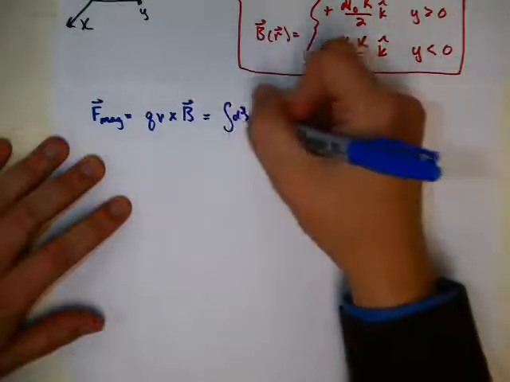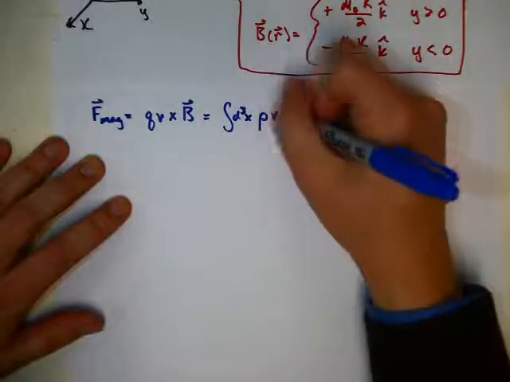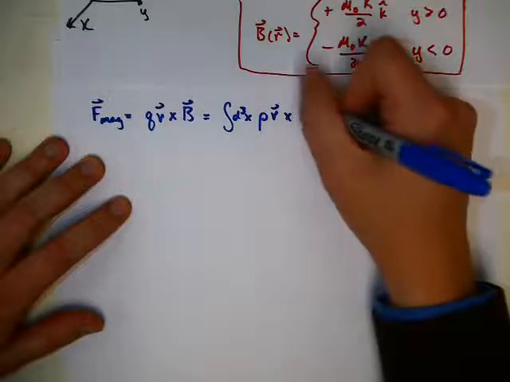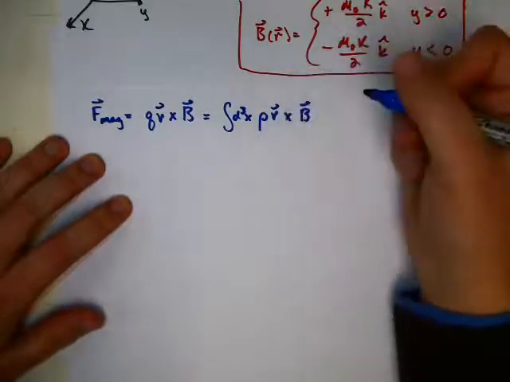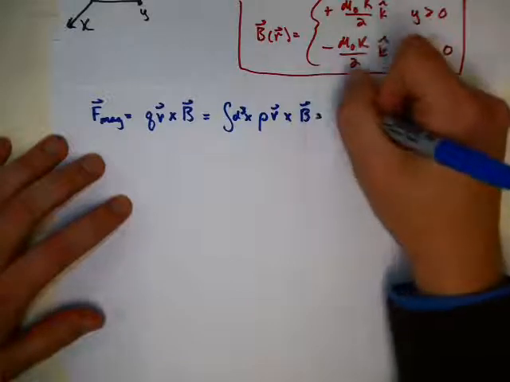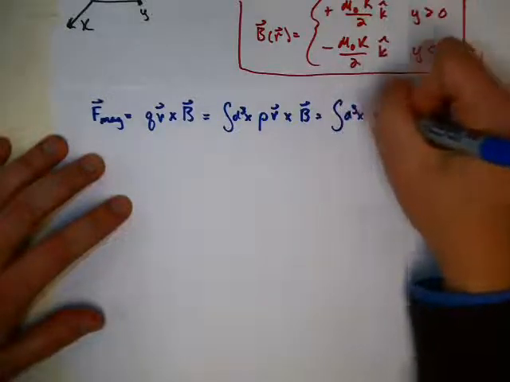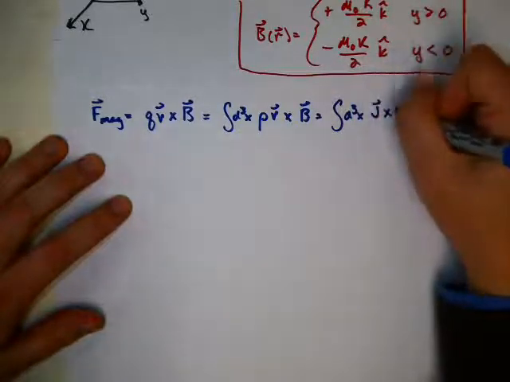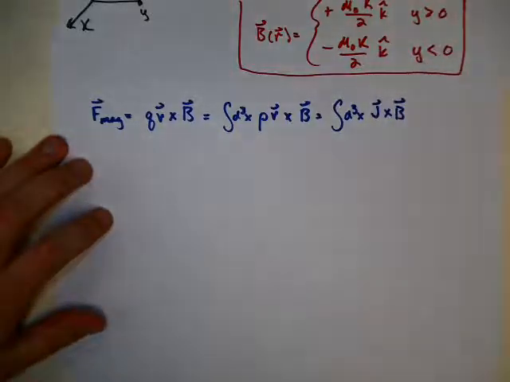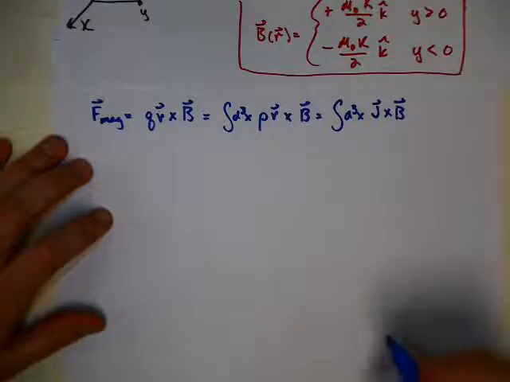So d3x rho is essentially Q, and then V cross B, but this rho V is simply the current density, and so the magnetic force is integral d3x J cross B.